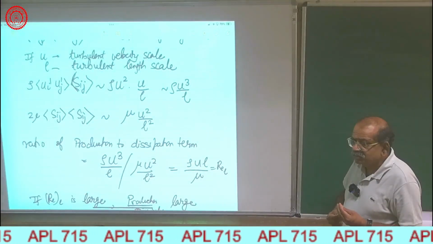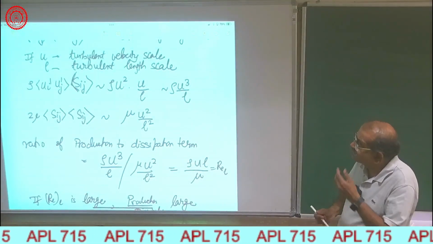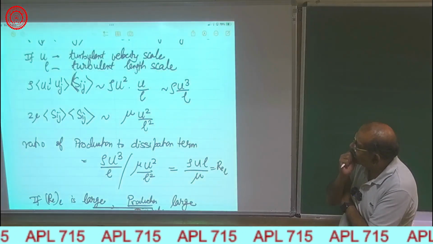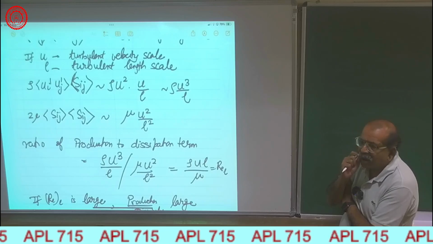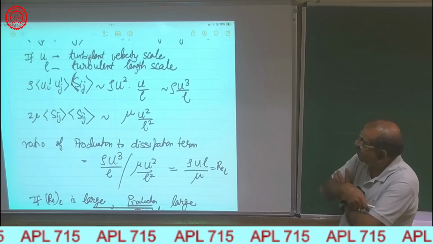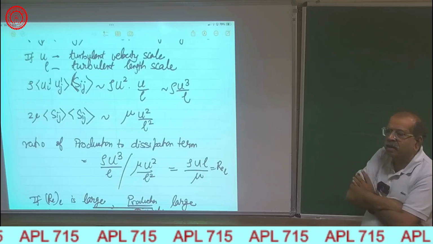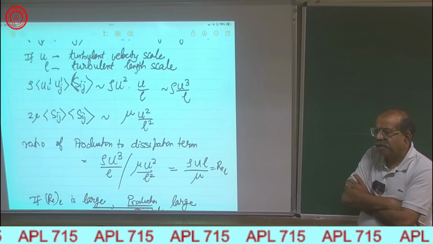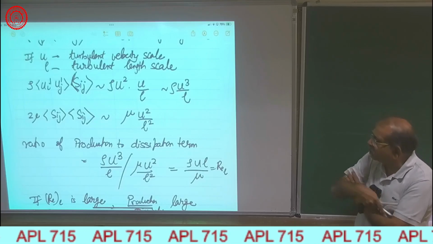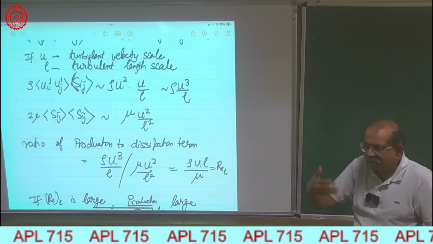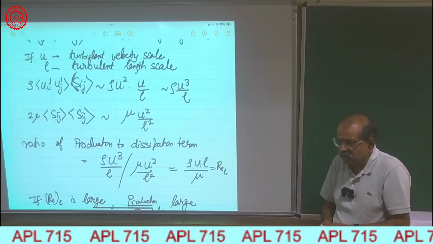So my contention with the representation of rho ui prime, uj prime, Sij as rho u square is my inability to understand how ui prime, uj prime can be of that order. See, Sij in turbulent flows, we said that Sij is basically the du1 by dx2, whatever it is.